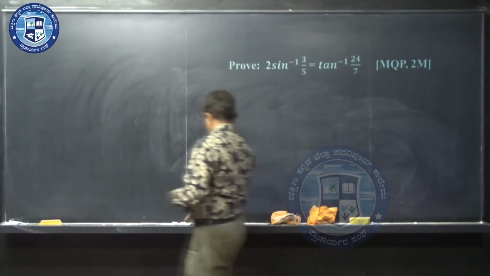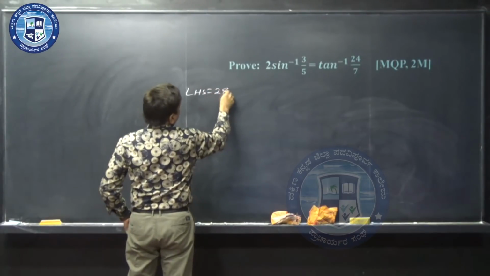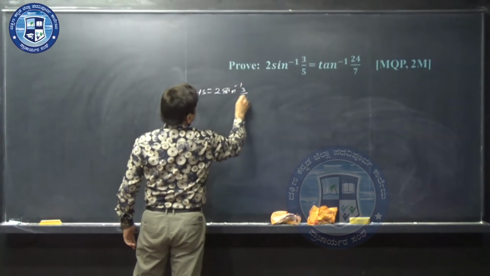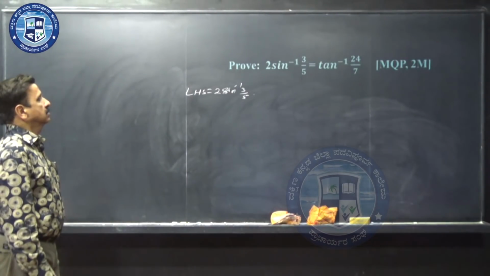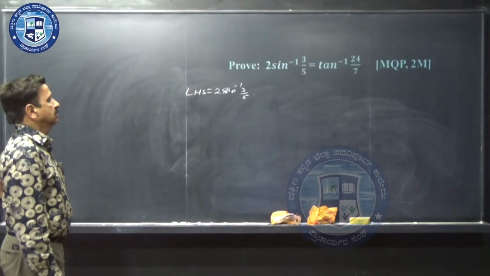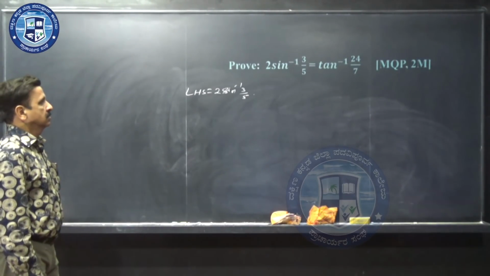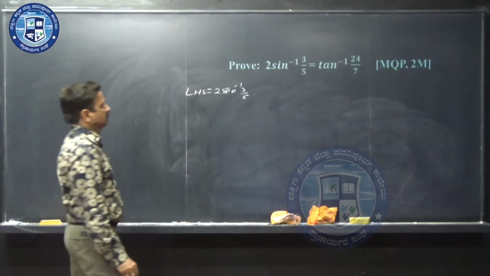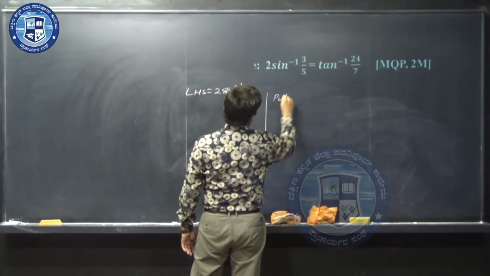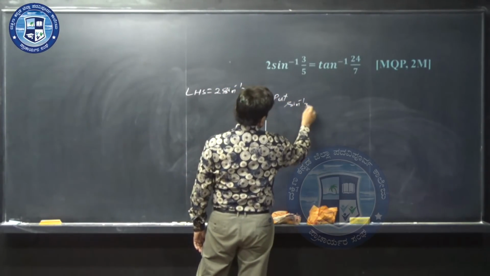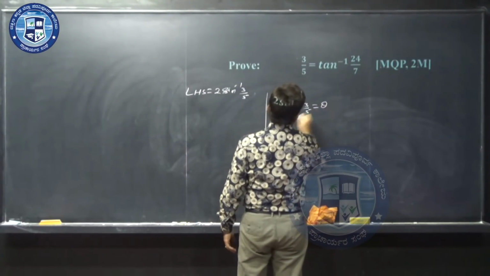Look at this. Okay, you can take left hand side, 2 sin inverse 3/5. What we can do is put sin inverse 3/5 equal to, for example, theta.